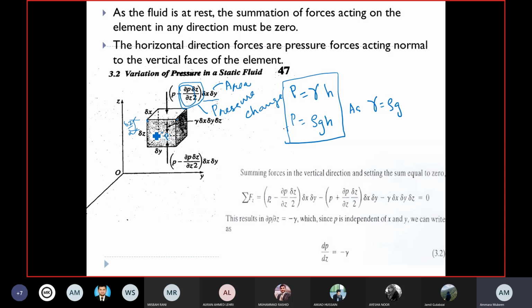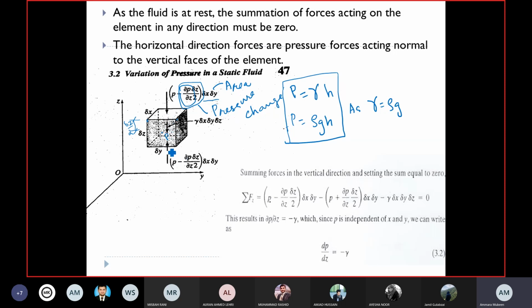Okay, so pressure change can be determined using the pressure gradient and the distance from the middle. So this is how you use Taylor series to get any surface pressures.